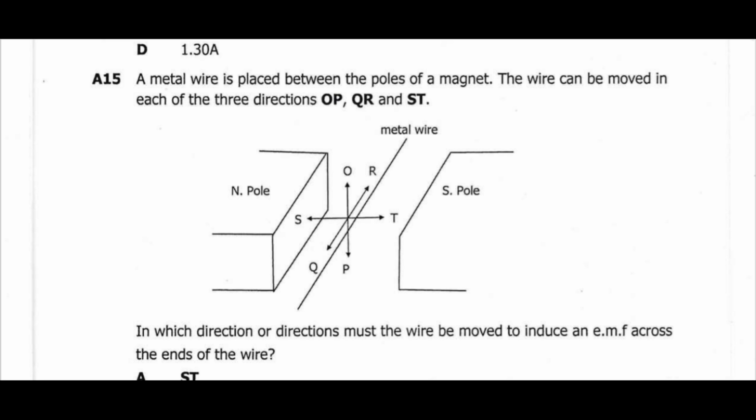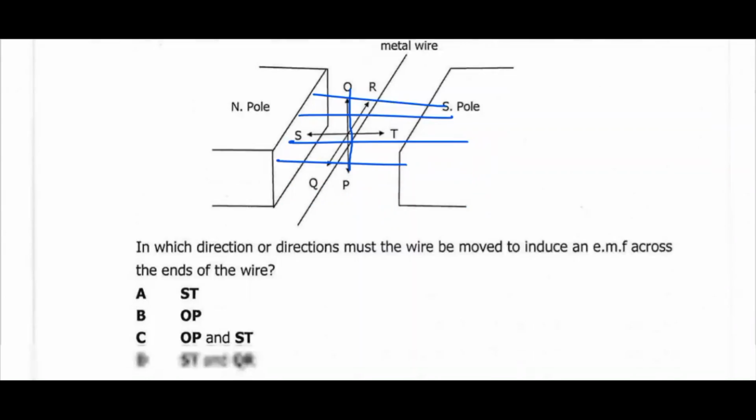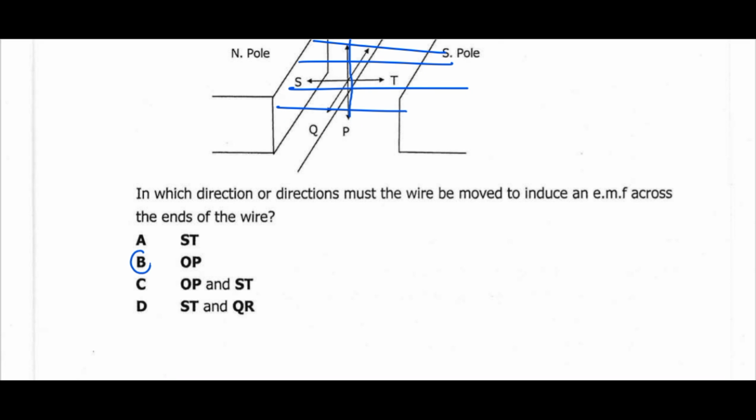For us to produce the electromotive force, we need to cut the magnetic field lines. The magnetic field lines, we know that they are moving in this direction. So for EMF to be induced, we need to cut them. So we can only move in the direction of OP.